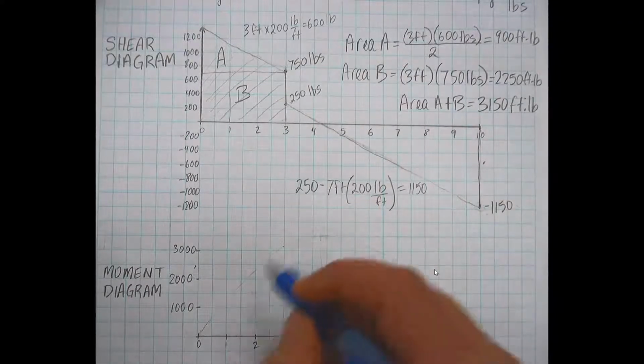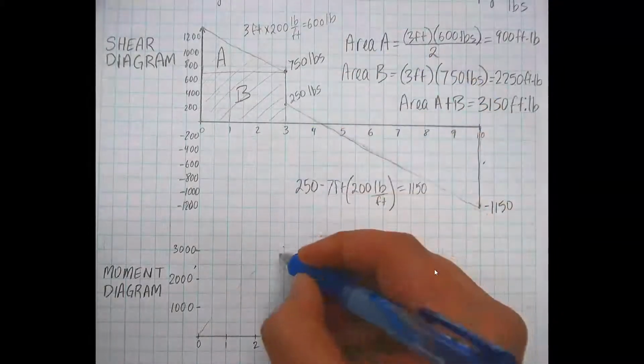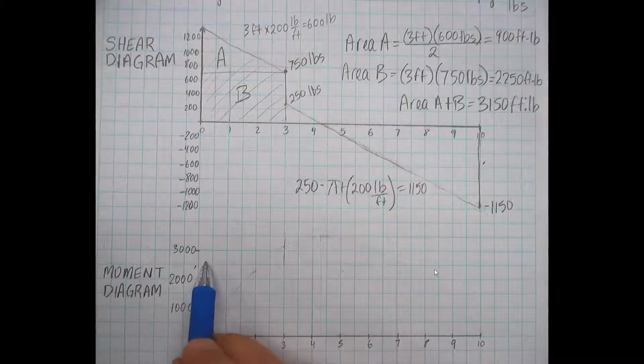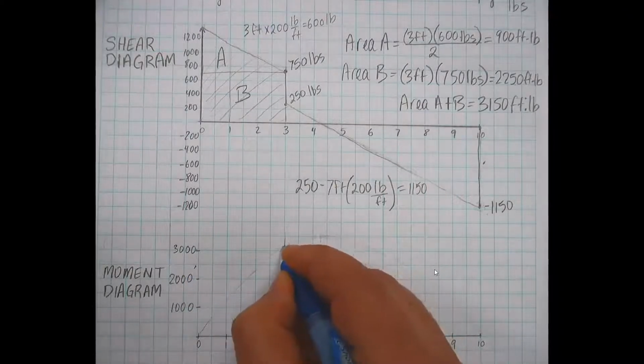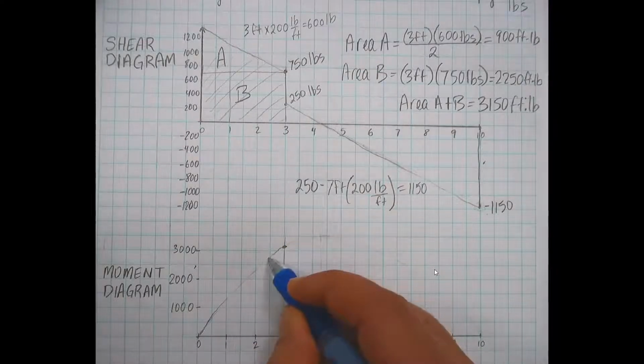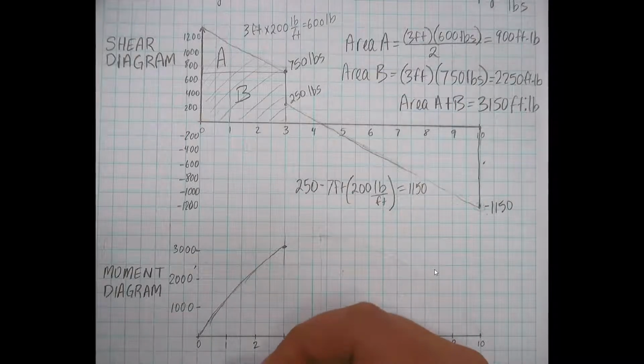All right, so that is going down as these are lined up here at the 3 feet mark. 3150 is going to be, if that's 3,000, it'll just be right about here. All right, so our first part here is going to have a bit of a curve to it, but come up to that point there.